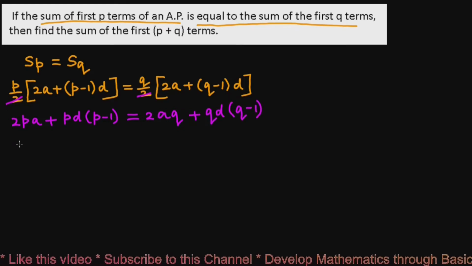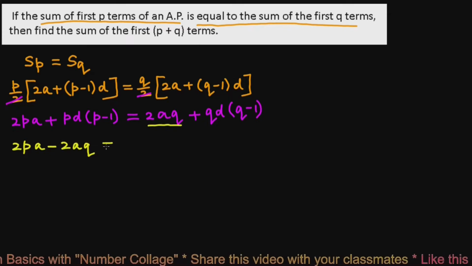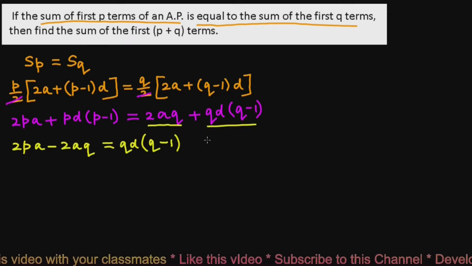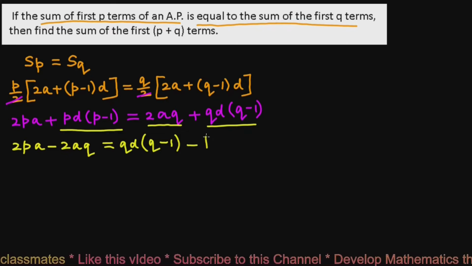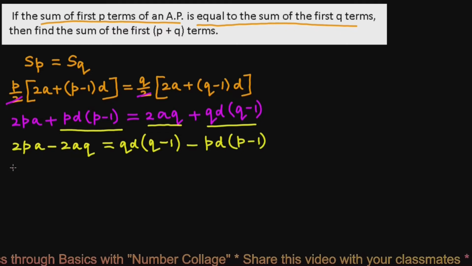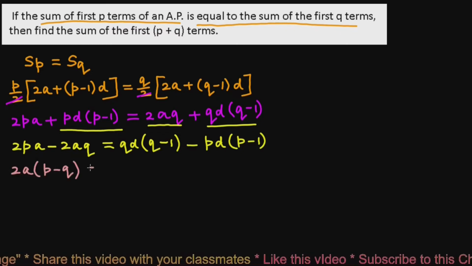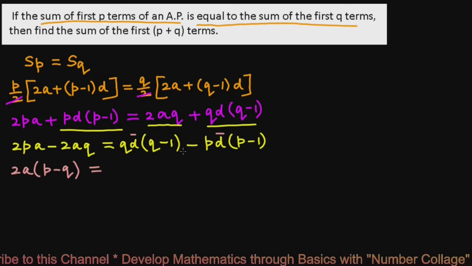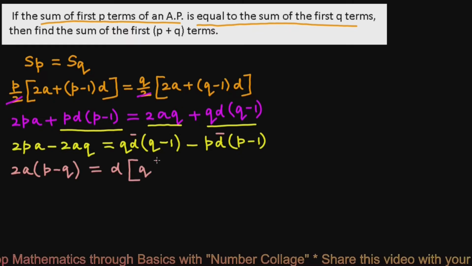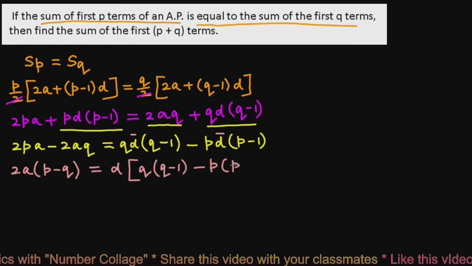Next, we write 2pa minus 2aq equals qd into (q minus 1) minus pd into (p minus 1). We will take 2a common and write 2a into (p minus q) equals, taking d common, d multiplied by (q into (q minus 1) minus p into (p minus 1)).